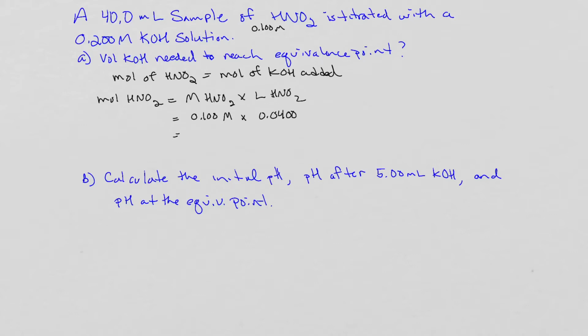And I'm going to get 4.00 times 10 to the negative third moles of HNO2. And so that tells me that I must also have 4.00 times 10 to the minus 3 moles of KOH at the equivalence point.